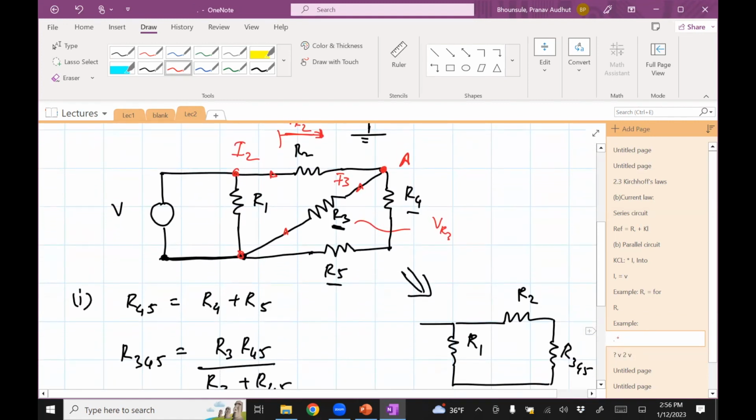So first I need to compute I1, and this current, let's say it's I4.